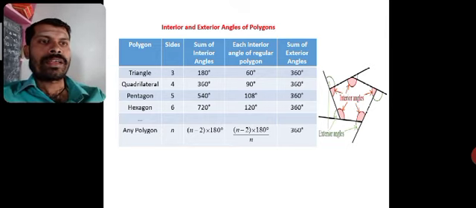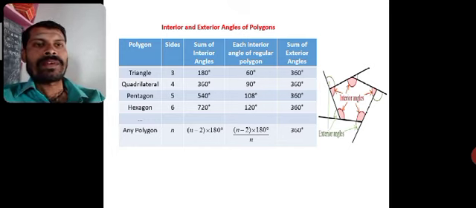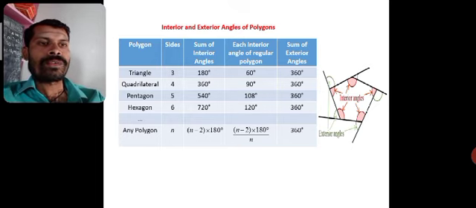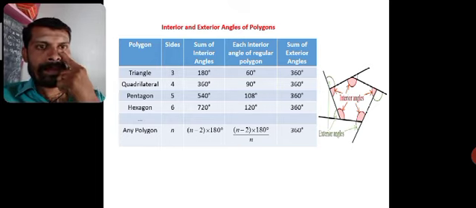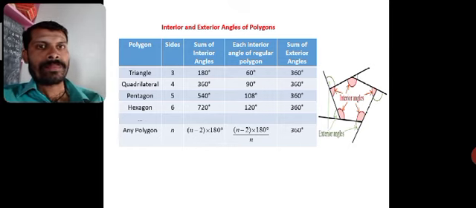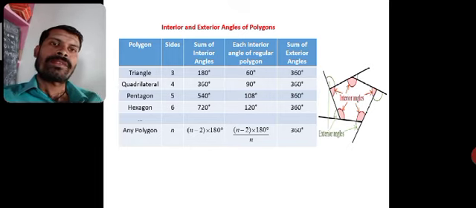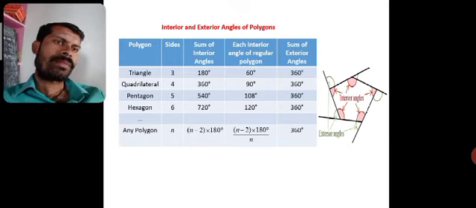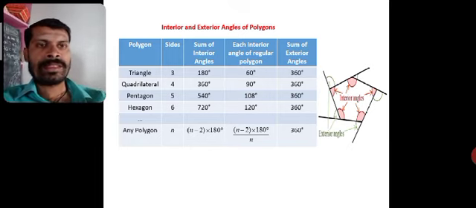For a regular polygon, each interior angle is given by the formula n minus 2 into 180 degrees by n. I divide 180 by 3 and get 60 degrees. The exterior sum always remains the same, 360 degrees.